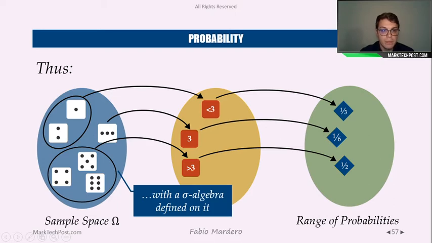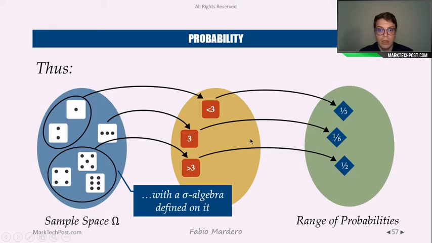Now, this is exactly what a sigma algebra is. On the left side, omega will be called sample space, and each subset will be part of a bigger collection, the sigma algebra.